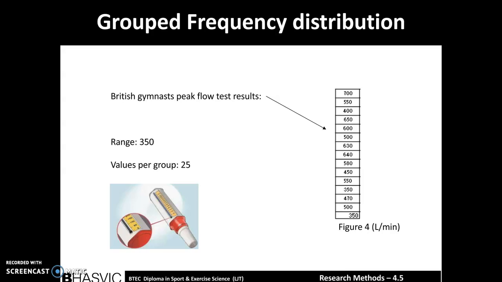Because the ideal number of groups is 14, the researcher would divide 350 by 14 to establish each group containing 25 values each. Consequently, within this example, on the left column would be positioned the different groups that have been previously created. Whereas, to indicate how many times the participants scored within these groups of peak flow, the frequency figures would be distributed in the right column.